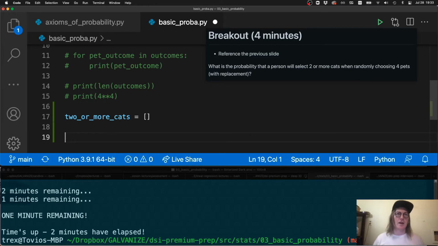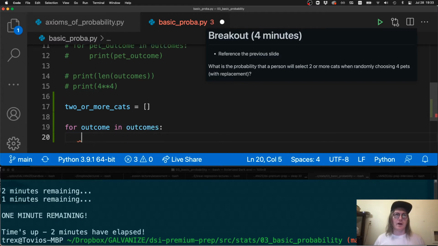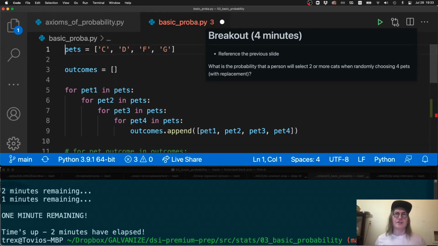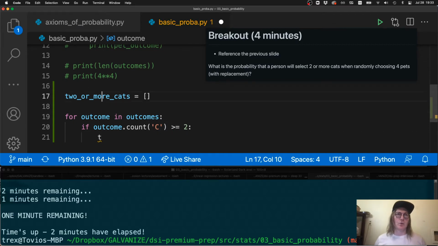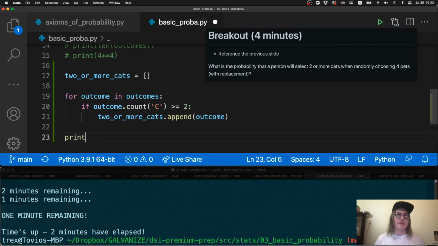So I'm going to say for outcome in outcomes, if outcome dot count of, I think I just used capital C, if that count is greater than or equal to 2, then I'm going to say 2 or more cats dot append the outcome, and we can just print the length of 2 or more cats over the length of outcomes, right?